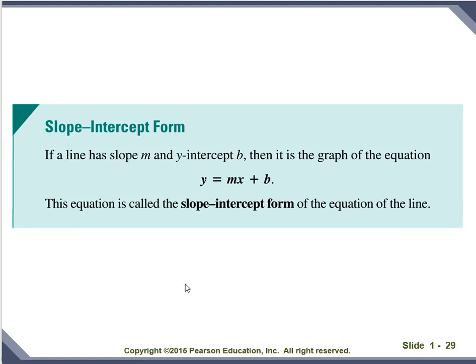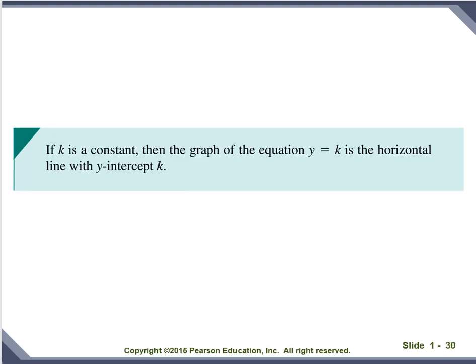If a line has slope m and the y-intercept, the point where it crosses the y-axis, of b, then it's the graph of the equation y equals mx plus b. This is called the slope-intercept form of an equation, and it's a form you have to be familiar with.